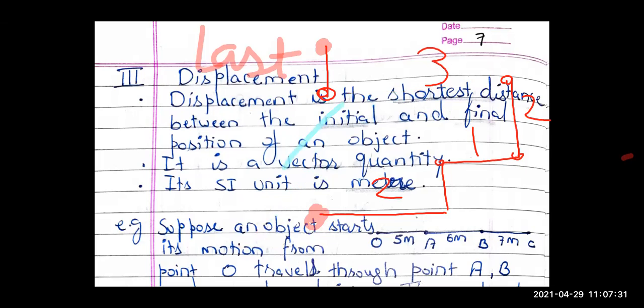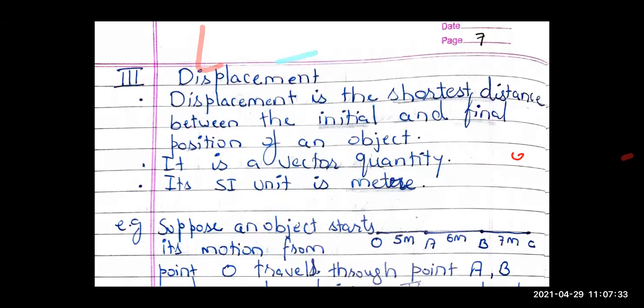So displacement does not depend upon path. वो रास्ते पे depend नहीं करता है. It is only the shortest distance, right? So how can you define displacement? Displacement is the shortest distance between the initial and the final position of an object. And as it requires direction, from initial position to final position, it is a vector quantity. Its SI unit is meter, just like distance. Right, let's have an example over here.